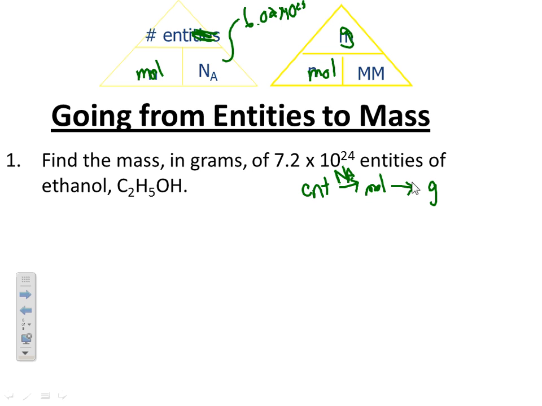And to get from moles to grams, I need the MM, the molar mass. If I need the molar mass, I need the formula, and there it is. I'm going to get the molar mass right away, because I'm going to need it. I like to get all that stuff out of the way.